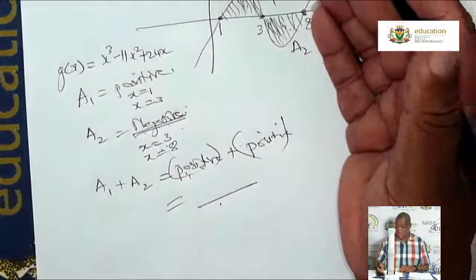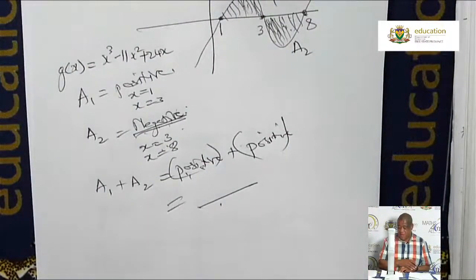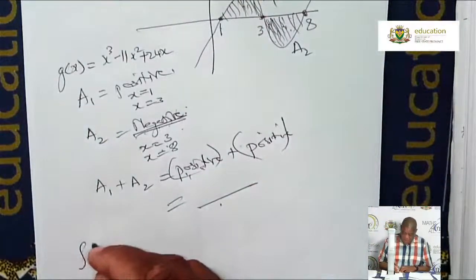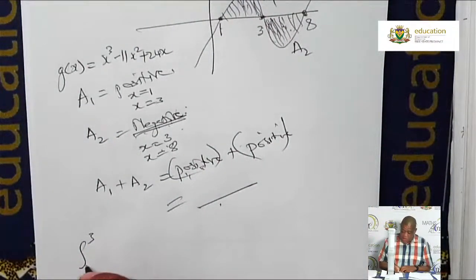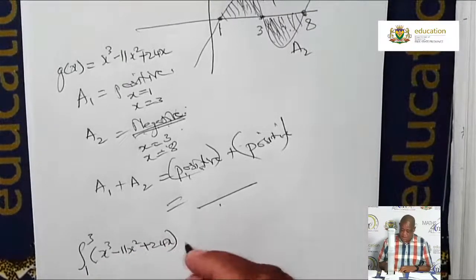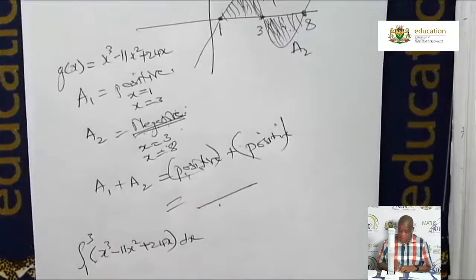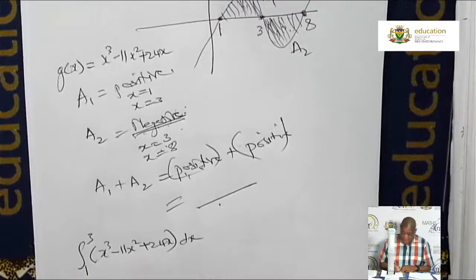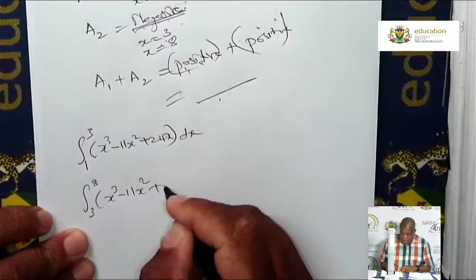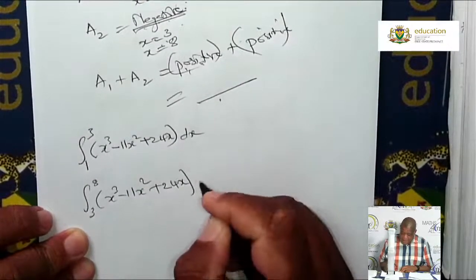But the way we get to that, the same way that we did with the previous one, you find from 1 to 3 the integral of the first one. The upper limit is 3, the lower limit is 1, of the given function x to the power 3 minus 11x squared plus 24x dx. Then you find the integral with upper limit 8 and lower limit 3 of x cubed minus 11x squared plus 24x dx.